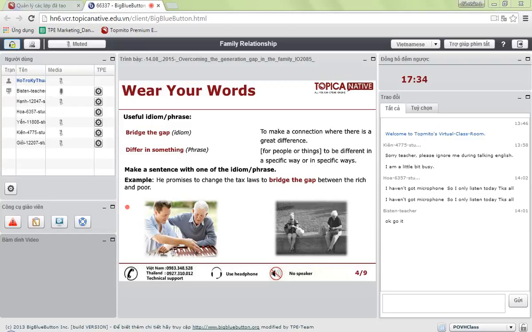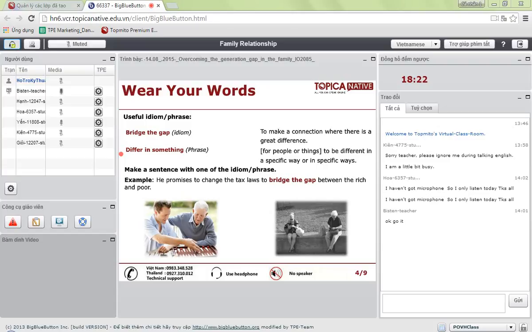Just try to make a sentence as we see here in the example: he promised to change the tax laws to bridge the gap between the rich and poor. This is a sentence with the first item.